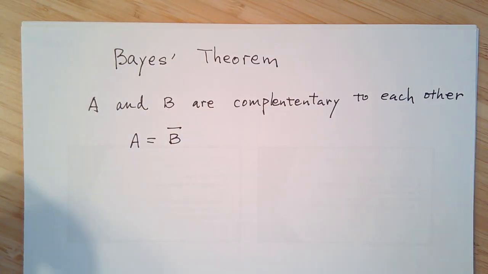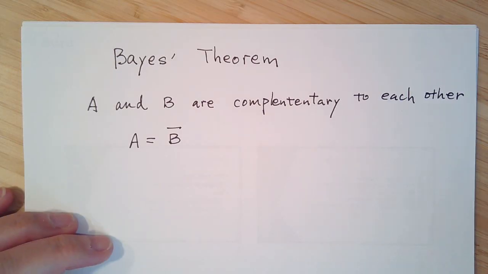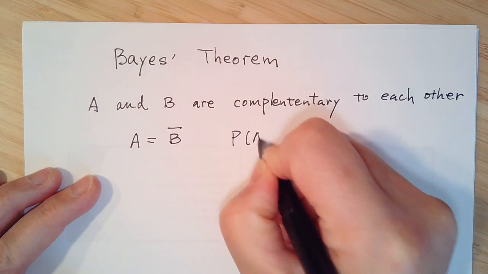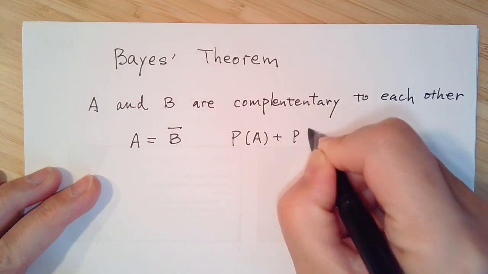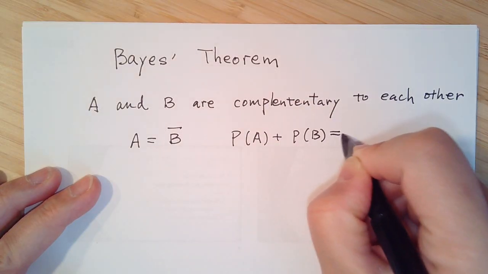Because either A or B, they're complementary of each other. So they add up to the whole sample space, all right? And then P of A plus P of B will be 1.